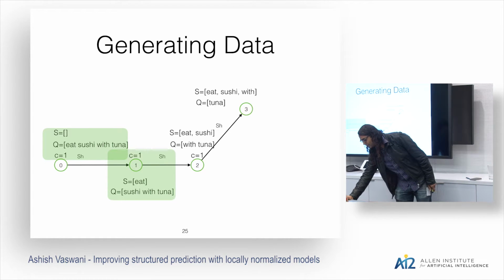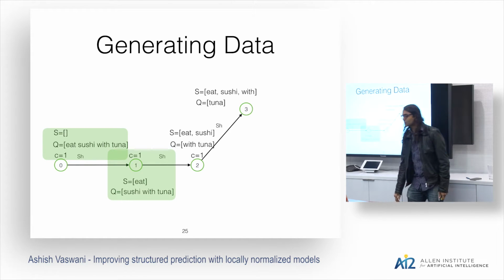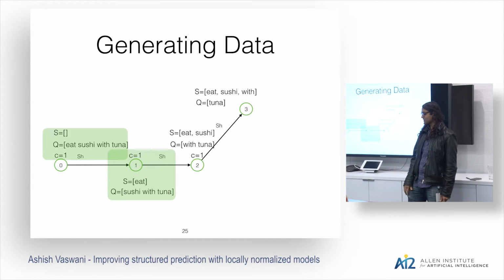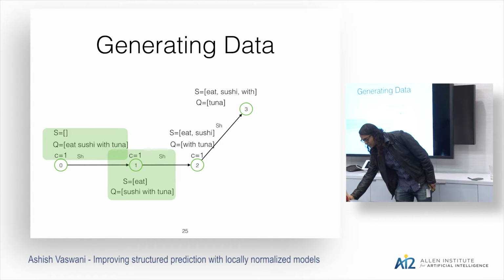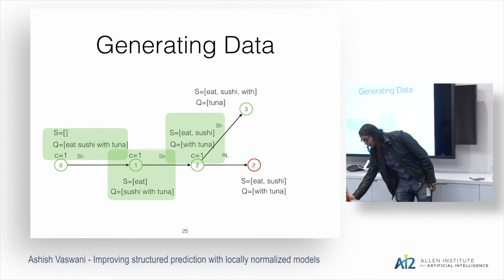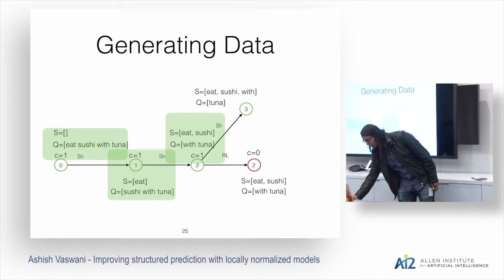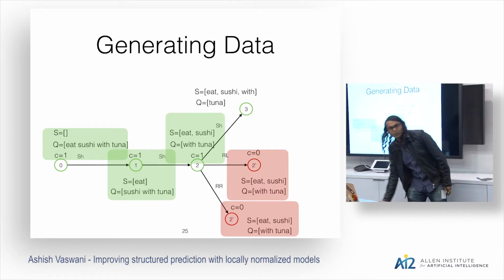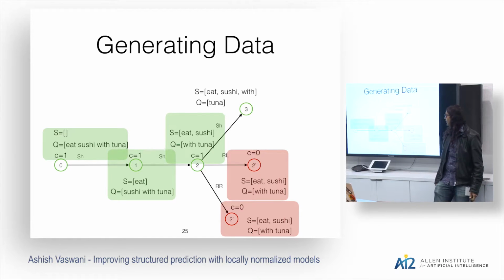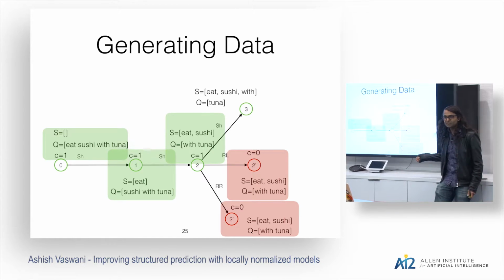Now, remember that you needed at least 2 items to do a reduce on the stack. So this is the correct action to take. Now for every feasible correct action, we take every possible incorrect action and we manufacture a bad state. We only move one step forward, primarily for computational reasons.